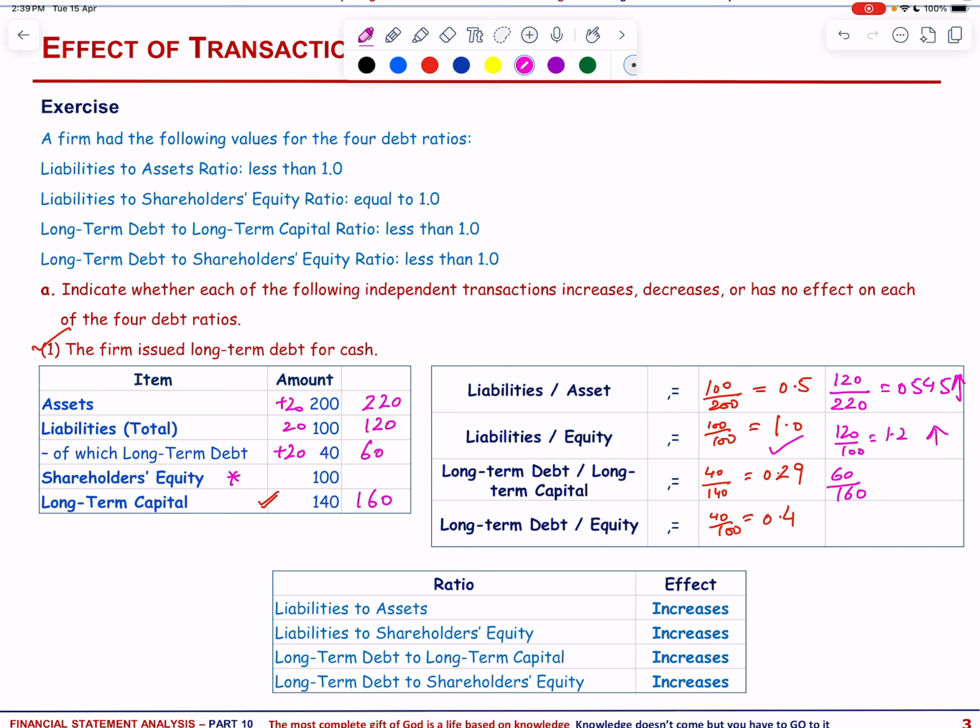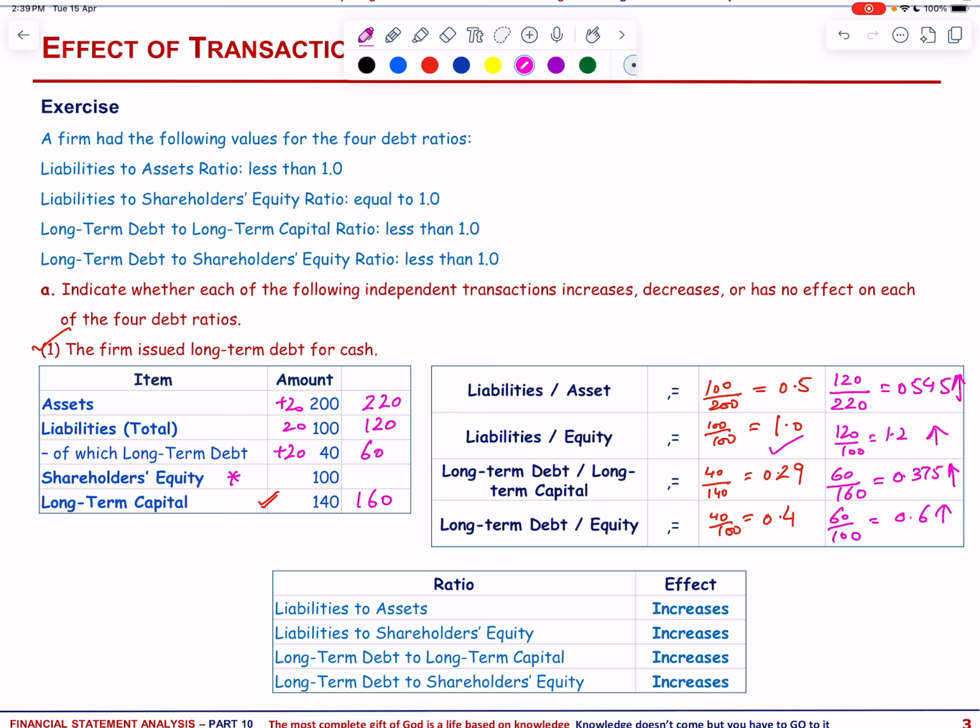So this is equal to 0.375, and this also increases. Then we have the long-term debt to shareholders' equity ratio, and this is going to be 60 divided by 100. So this is equal to 0.6, and this also increases.